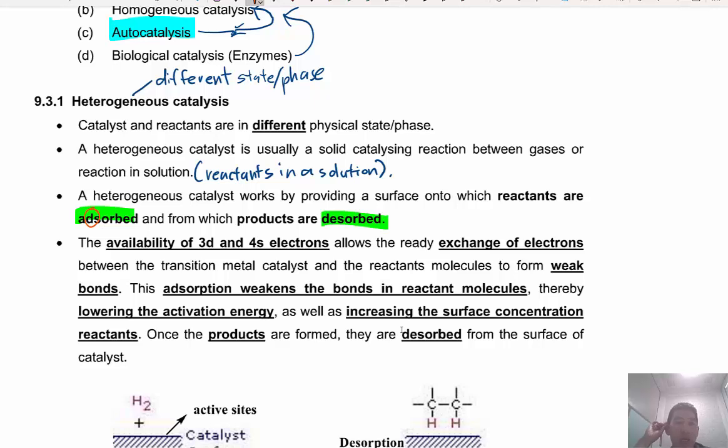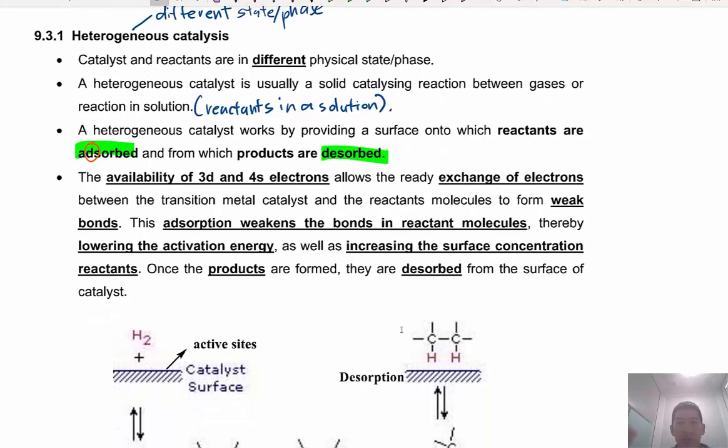Now, generally, heterogeneous catalysts are metals, or at least they possess D subshells. Okay, not just D lah.